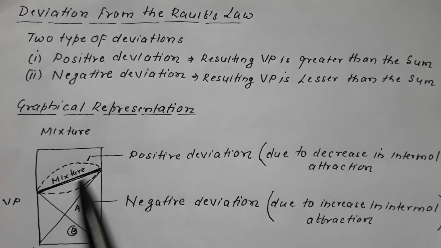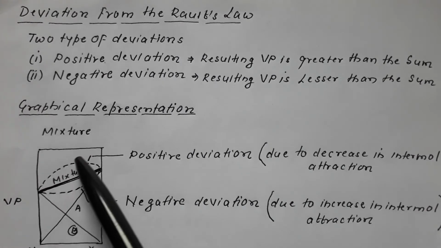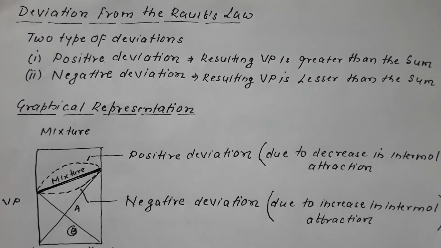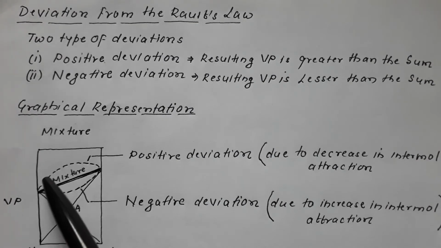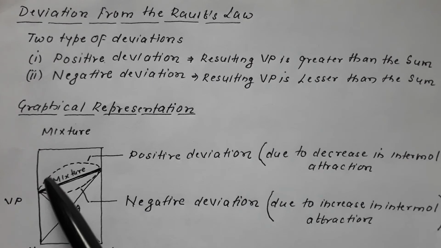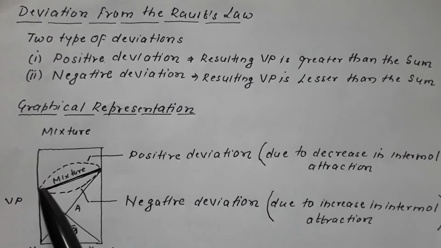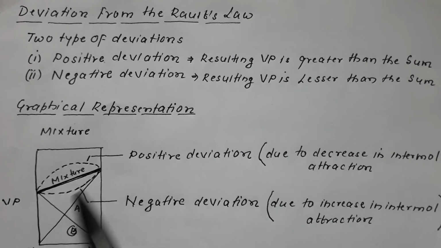The vapor pressure of the mixture should be the sum of the two vapor pressures, but Raoult himself observed that in most of the cases the resulting vapor pressure is either greater than the sum, termed positive deviation, or less than the sum, termed negative deviation.